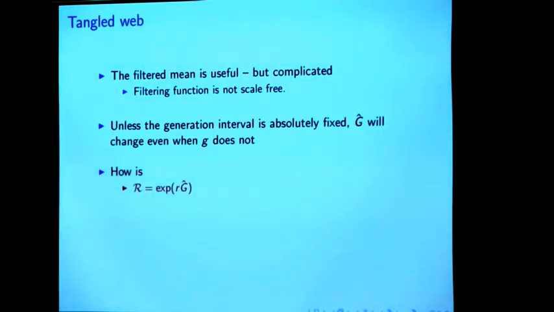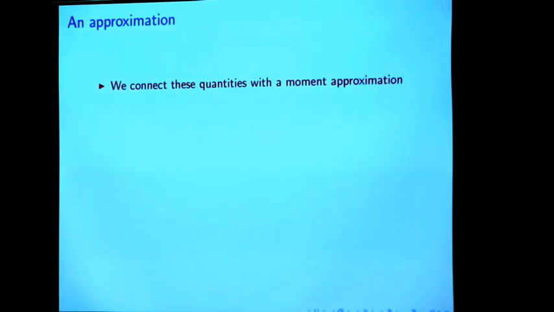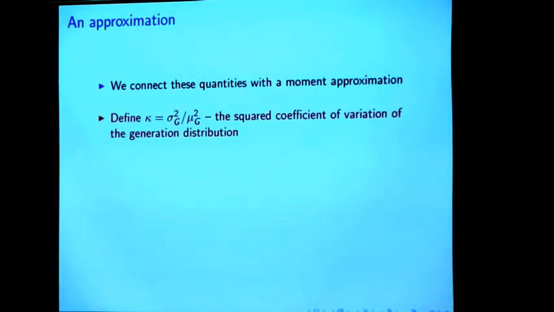We could also ask the question, I've given you this equation, capital R equals e to this product, but some of you will be familiar with the simple ODE result that capital R is equal to 1 plus a very similar looking product. So how do those two go together? And what we've done is we made a moment approximation. We connect these two quantities roughly by assuming a gamma distribution, although that's not how we arrived there.